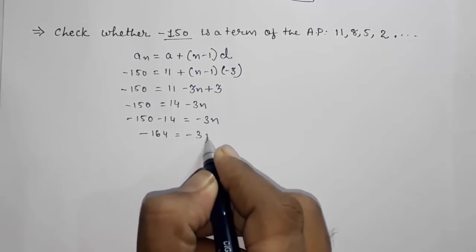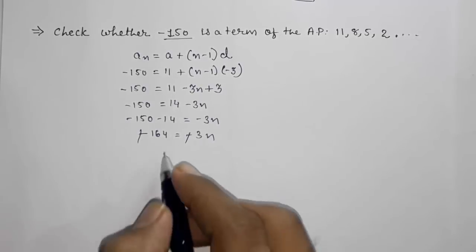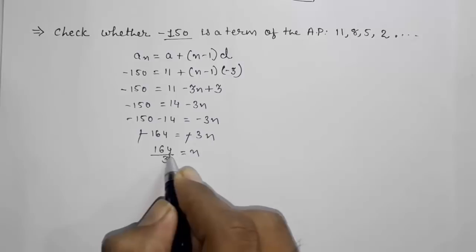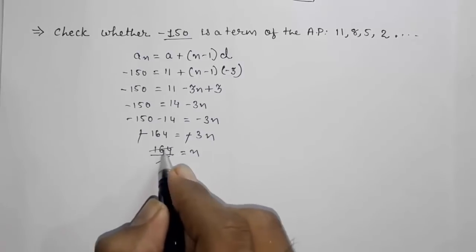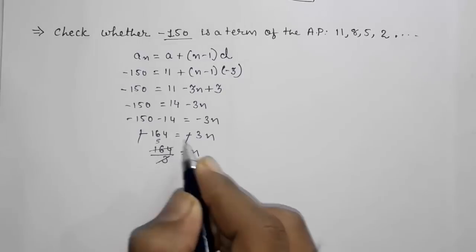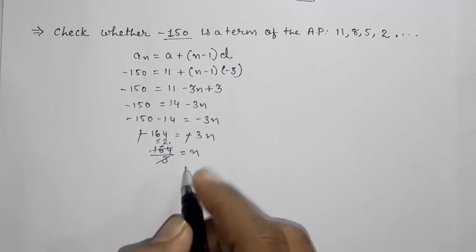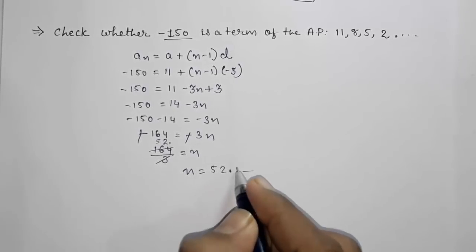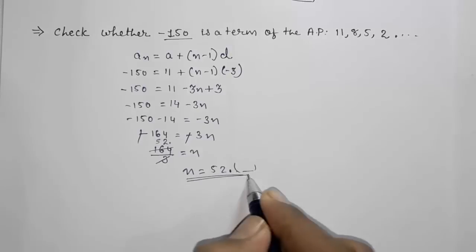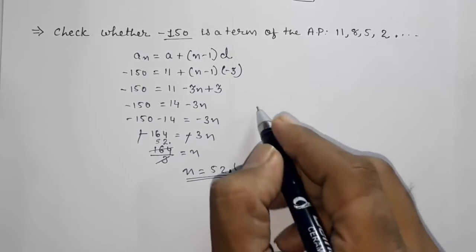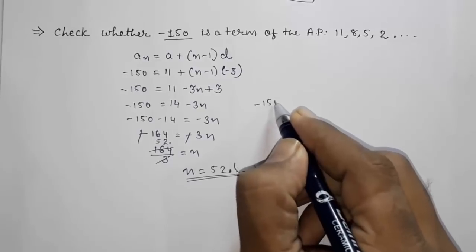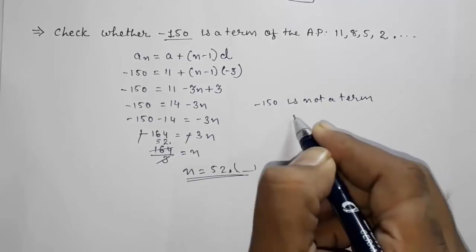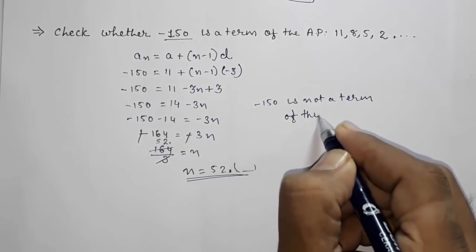Minus will get cancelled, so n is 164 by 3. So you will get something in decimal, 5 3s are 15, 14, 52 point something. Here our n is in decimal, 52 point something. So n is in decimal, so minus 150 is not a term of this AP.